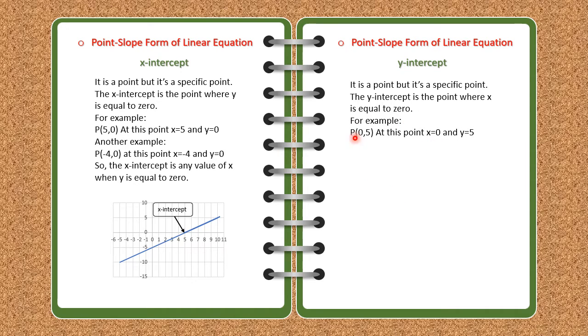For example, (0, 5): here x is 0 and y equals 5. Another example, (0, -4), where x is 0 and y is -4.